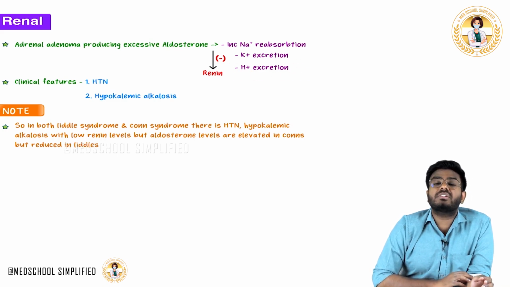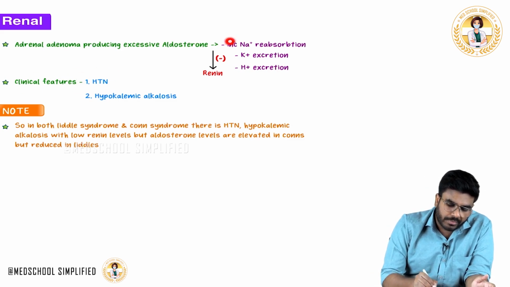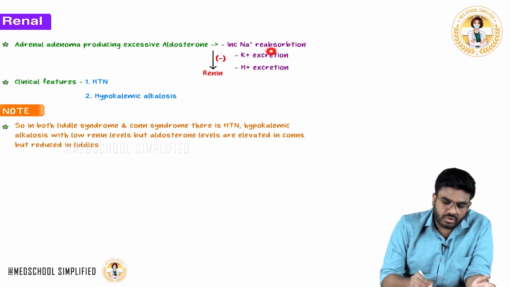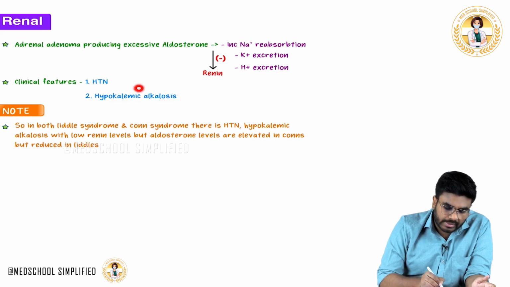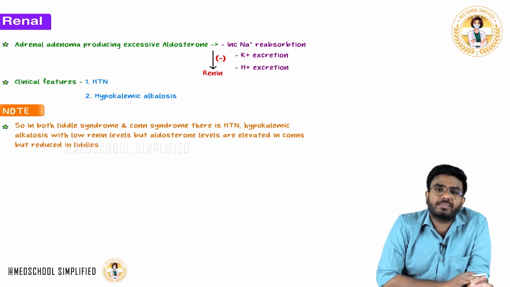So these are the clinical features in a patient with Conn syndrome: the excessive sodium reabsorption will cause hypertension, the excessive potassium loss will cause hypokalemia, and the proton loss will cause alkalosis.